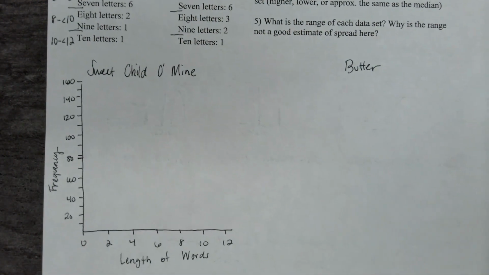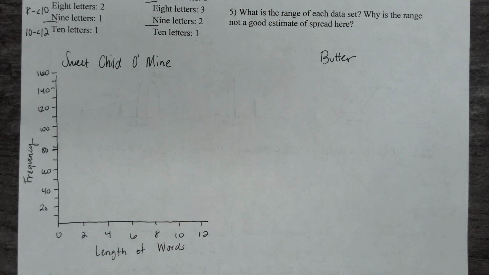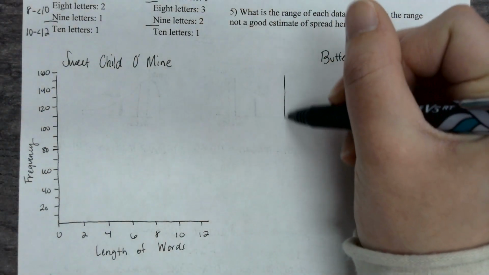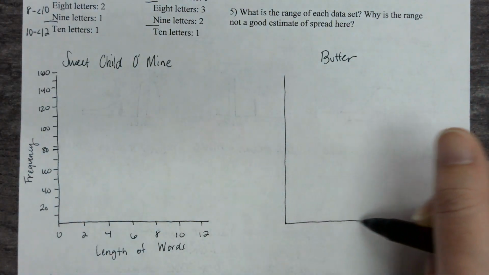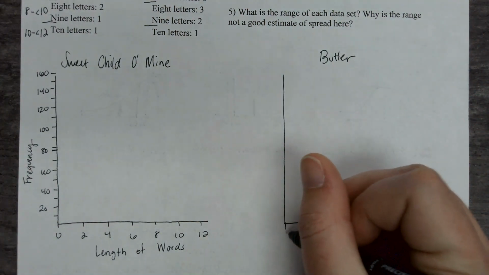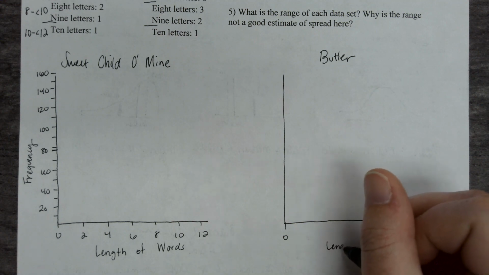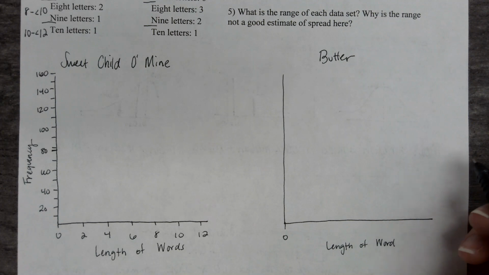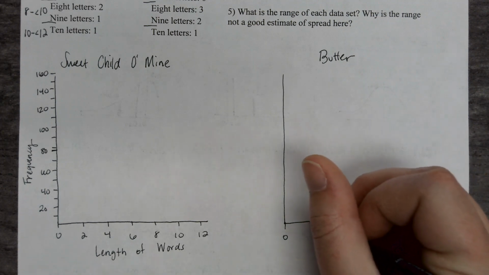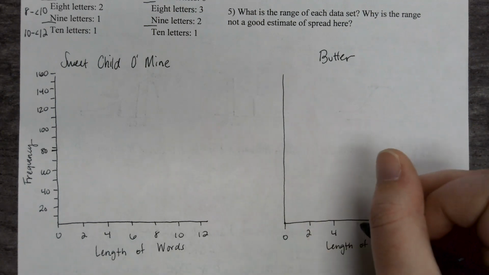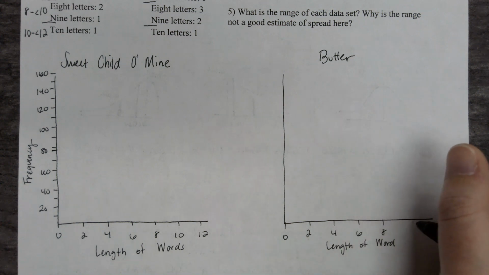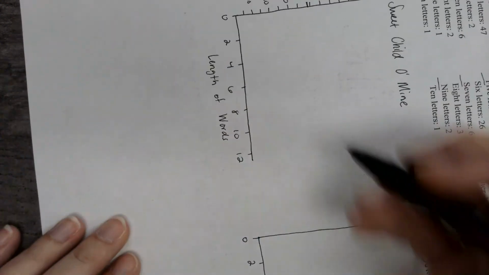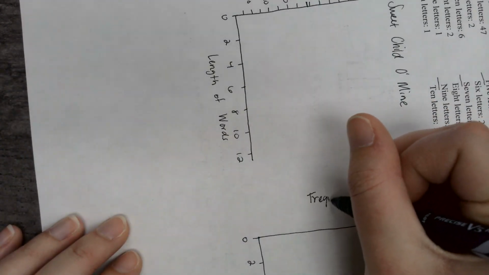All right, so I'm going to do the same thing for Butter. Looking at Butter, we'll have our y and our x axis. We're still going to have bins and word length, or length of word, whatever you want to put there. So we have 2, 4, 6, 8, 10, 12, and we're going to have my frequency over here.